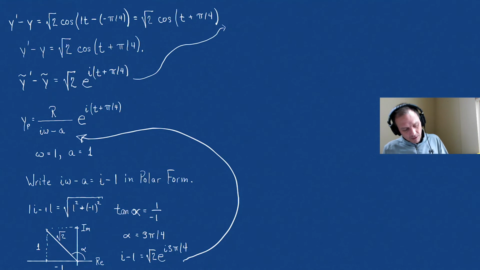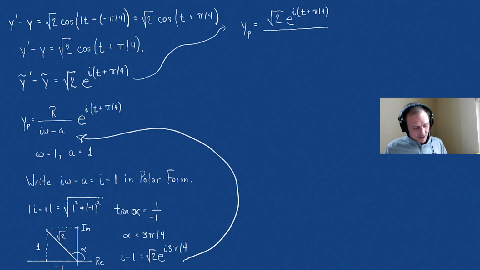So now we know our y particular is the square root of 2 e to the i t plus pi over 4, over, well, we just found out that the denominator can be written instead as the square root of 2 e to the i 3 pi over 4.